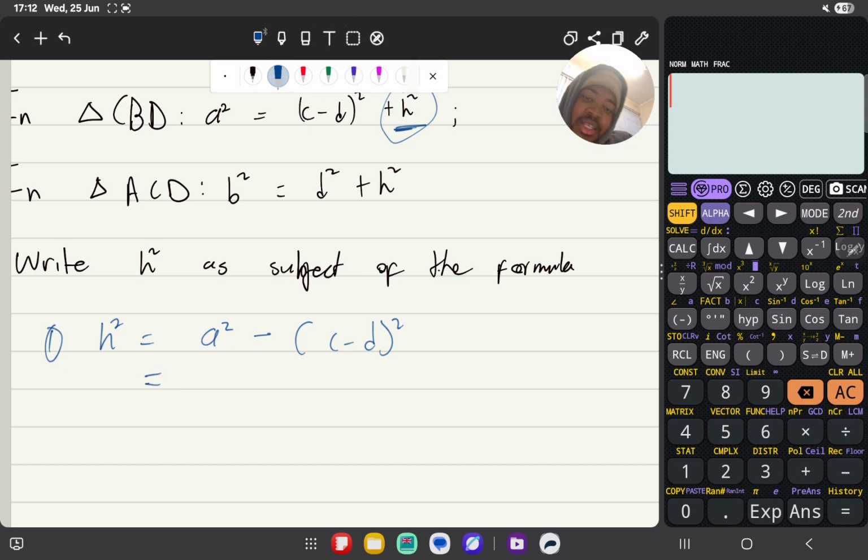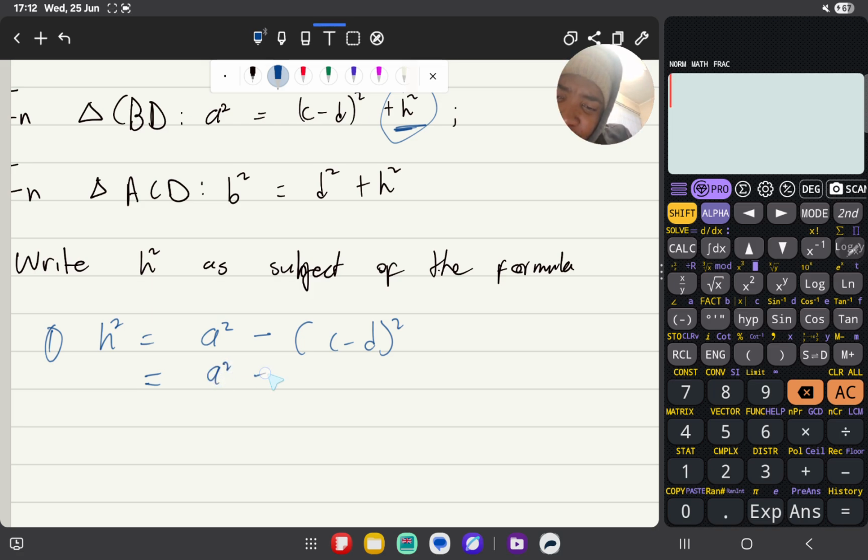Another thing, let us break this. You can continue to make the second one, this one that we have here in triangle ACD, you can try to make h the subject of the formula without doing what I'm about to do now. You're still going to end with the same results, but just for the sake of perfection, let us expand it, right?